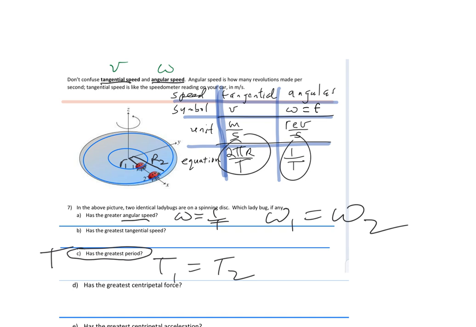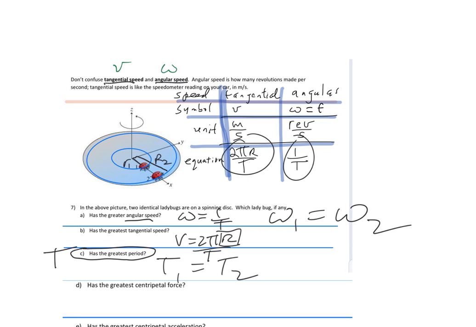Who has the greatest tangential speed? Now v equals 2 pi r over t. Now we just said they both had the same t. But if the r's are different, then the v's are different. So the smaller the r, the smaller the tangential speed that ladybug will have.